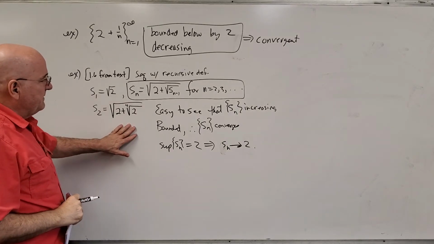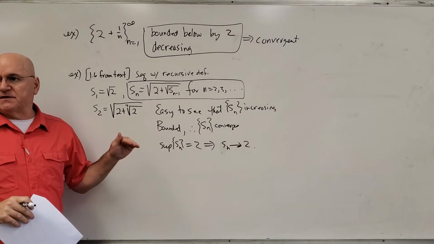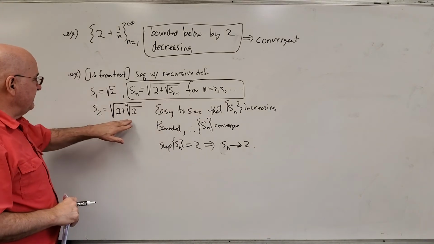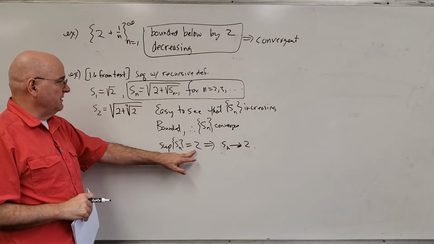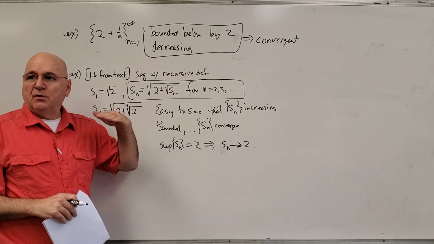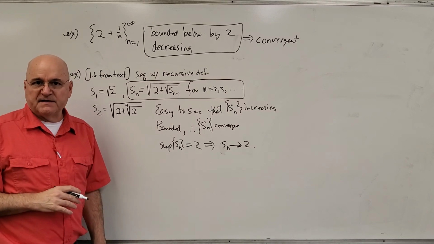This one wouldn't have been so bad if we could just find any upper bound. We would have known that it's convergent. In the text, they go through all the algebra required to show that the least upper bound is 2. And since it's a monotone increasing sequence with least upper bound 2, it converges to 2. Sn converges to 2.